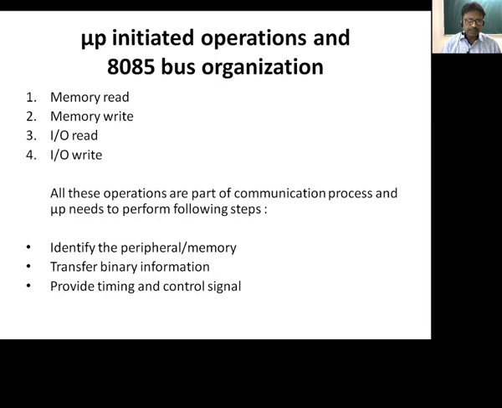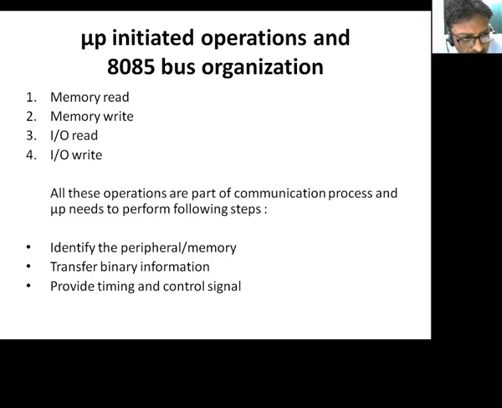Then certain control signals or timing signals will be generated by the processor, and once these two things happen, only then can the binary information be transferred from one place to another.